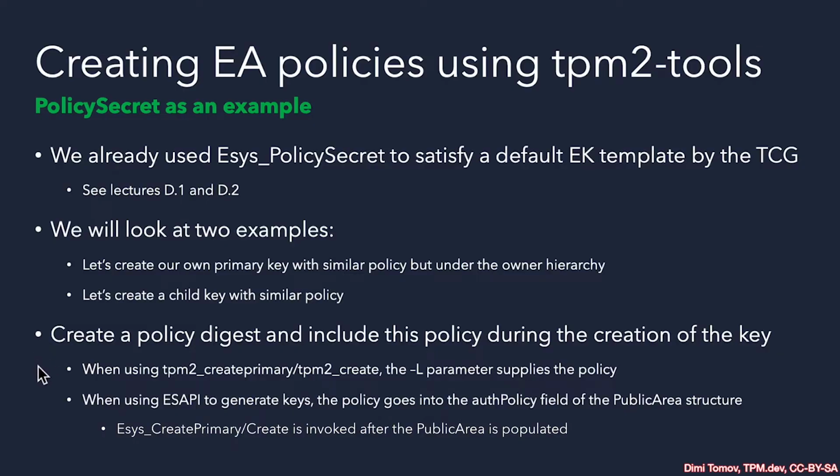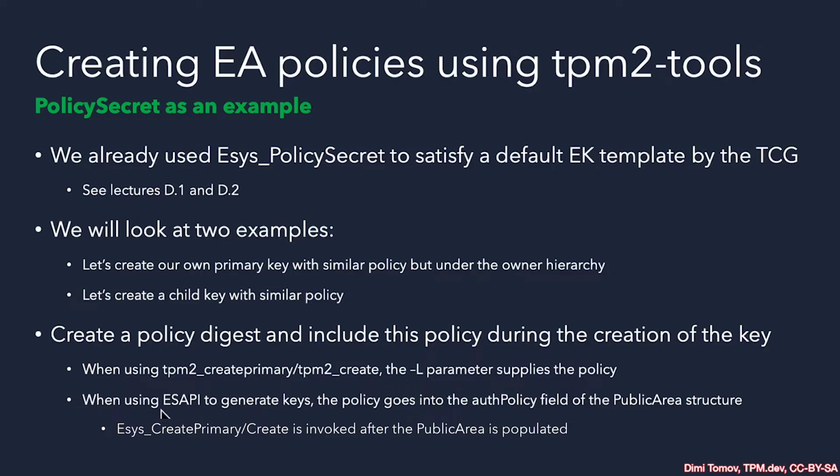A few hints before we start. Creating the policy digest requires a trial session, and we can do that using ESAPI or using the TPM2 tools. When using the TPM2 tools, we need to provide the policy digest as a parameter using the -L parameter.